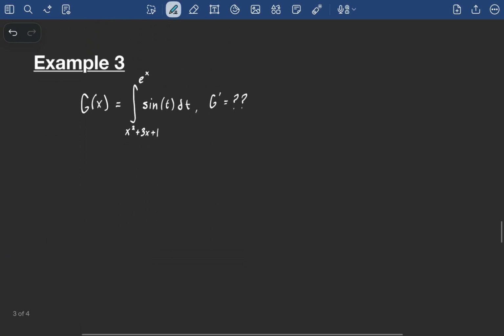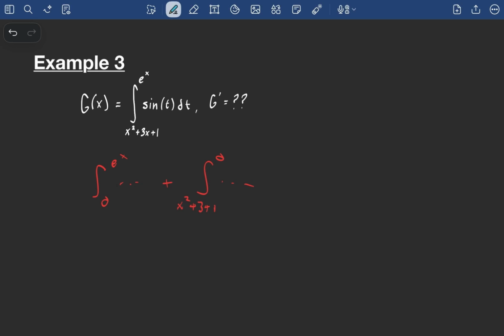And now continuing on, what happens if we have a function of x in both the bottom bound and the top bound? Well, if you think of it this way, we can take this as the integral from 0 to e to the x of the function, plus the integral from x squared plus 3x plus 1 to 0 of the function.